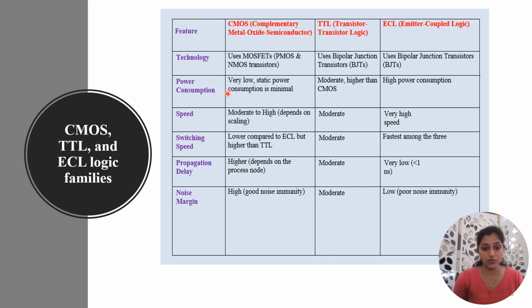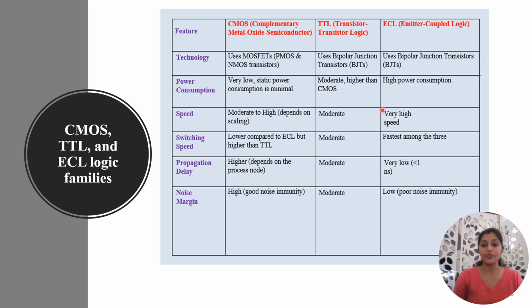Then power consumption. Here, power consumption in CMOS is very low. Static power consumption is minimal. Whereas in case of TTL, power consumption is moderate. Whereas in ECL, very high power consumption.